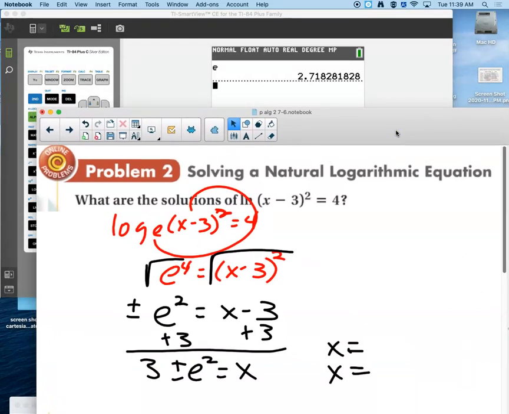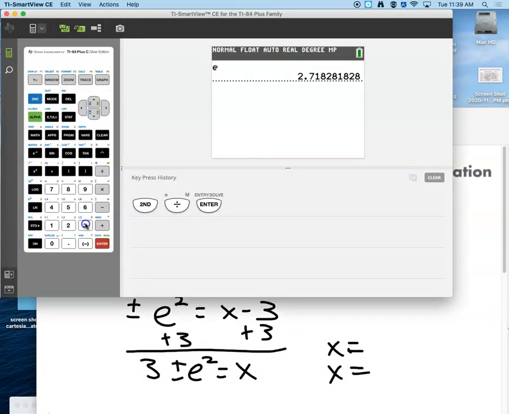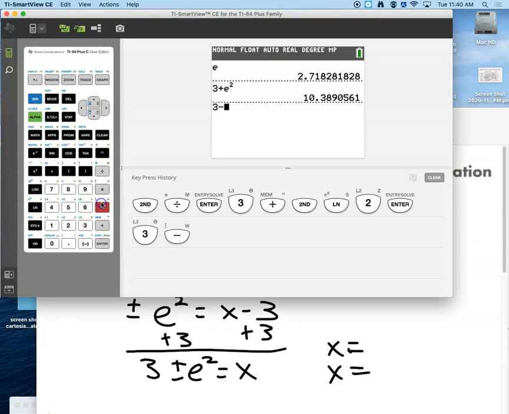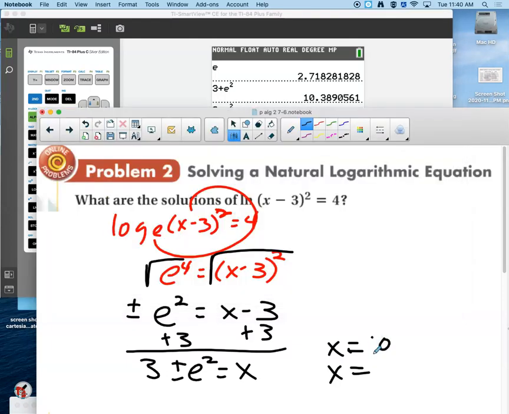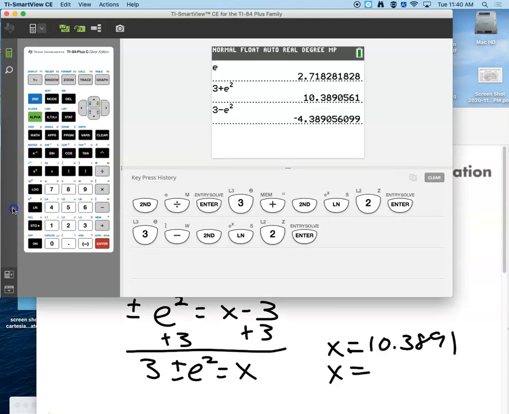So we need 3 plus e squared and 3 minus e squared. And there they are. 10.3891 with rounding. And negative 4.3891.